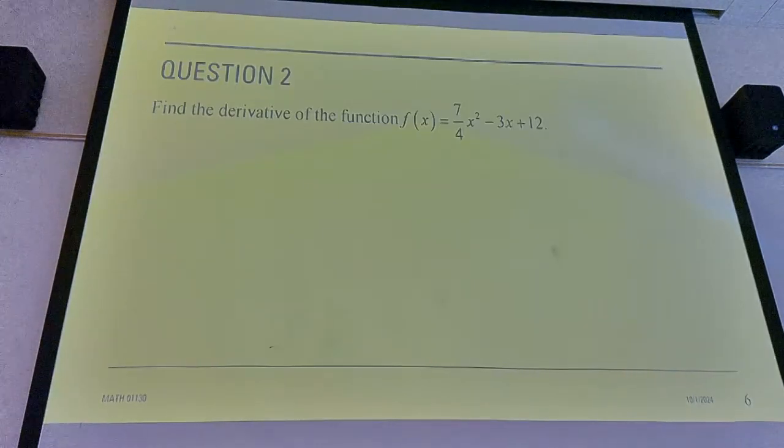So for this problem, I'm going to break it down to show you what's going on. So it's a sum and difference.